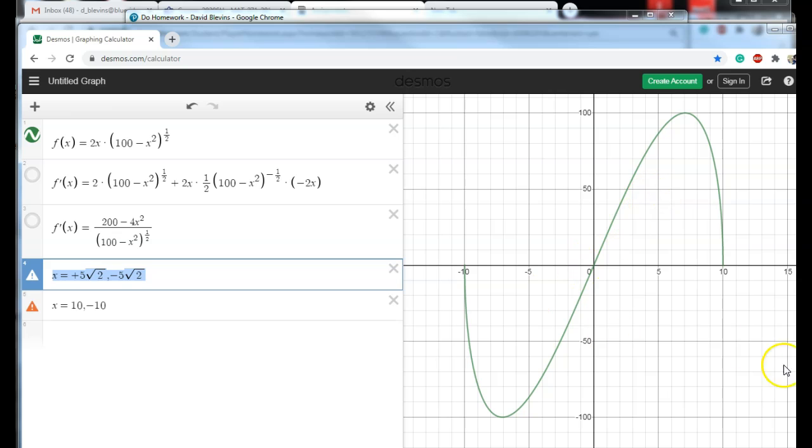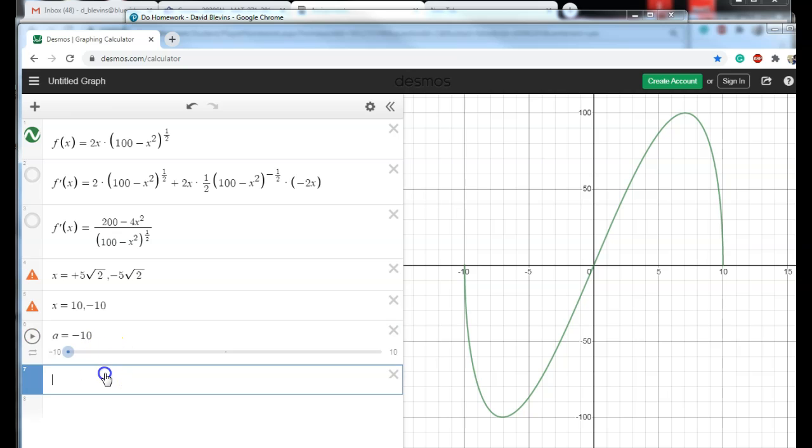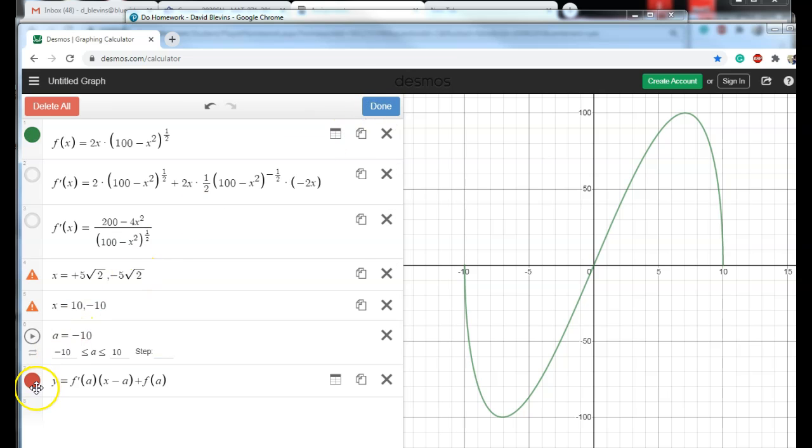Now, let me do the same trick that we did before. I'm going to say A goes between negative 10 and positive 10. And I'll do that tangent line again. So y is f prime at A times x minus A plus f of A. And these are the tangent lines of the original function.